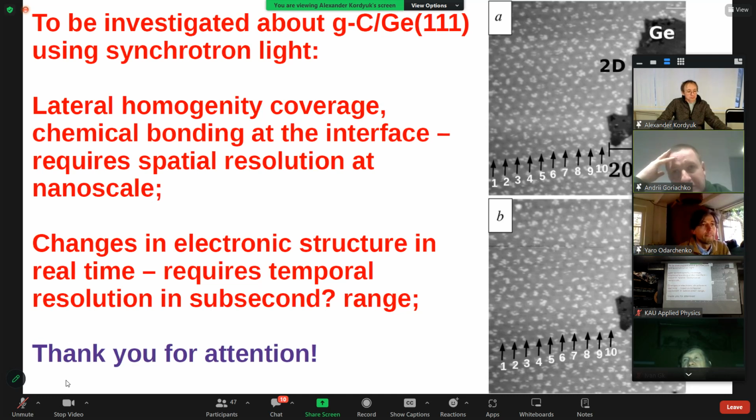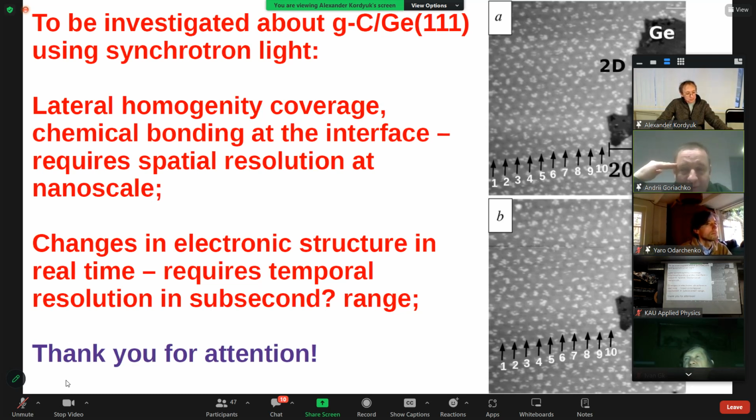Okay, I think what I would be interested to do right away would be the spatially resolved photoelectron spectroscopy. That is where I can see the chemical bonding information, and also specifically at the uppermost layer, so that is between carbon atoms, and between carbon atoms and germanium atoms.